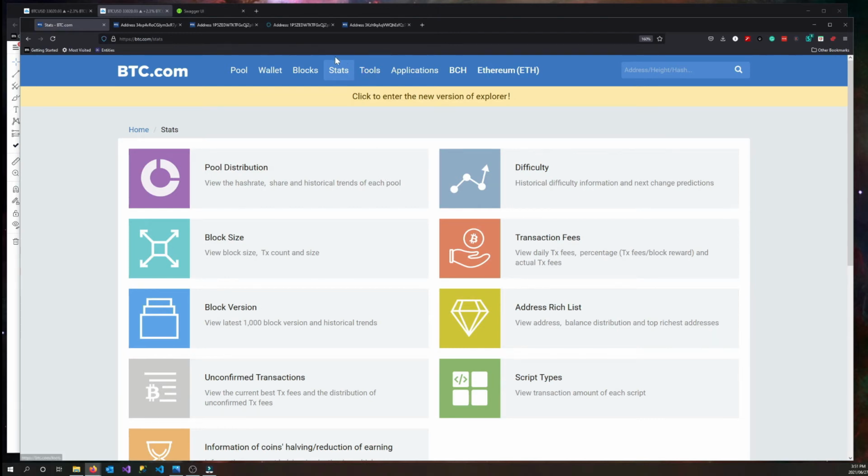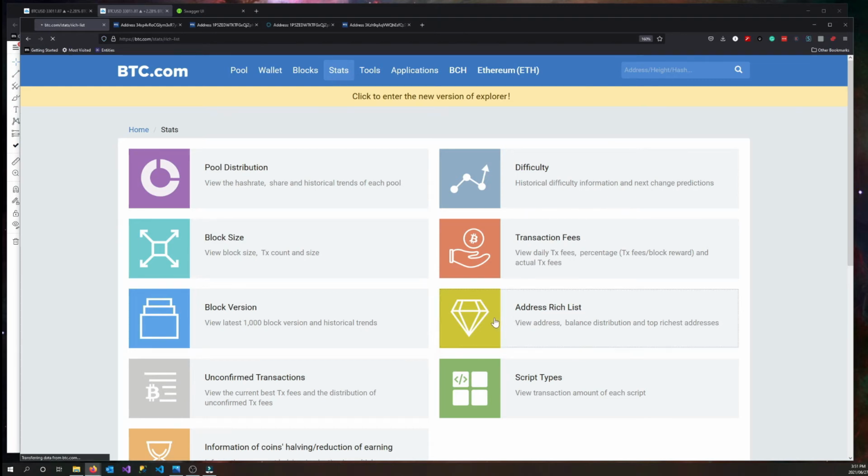And when you click on the stats menu item, it brings up this particular page. And the page I want to drill into is this one, the address rich list. These are the whales, the guys that have huge amounts of Bitcoin.